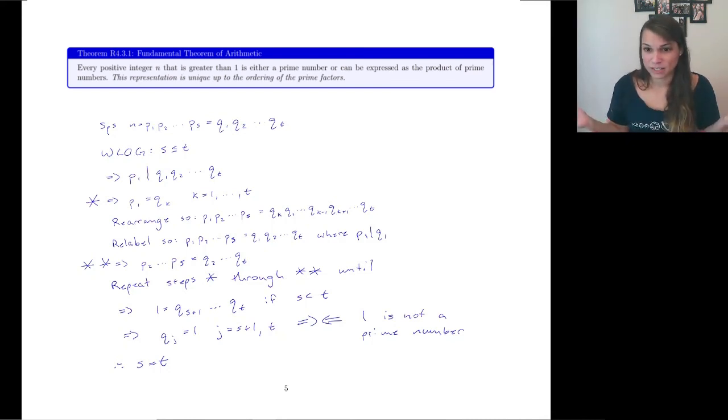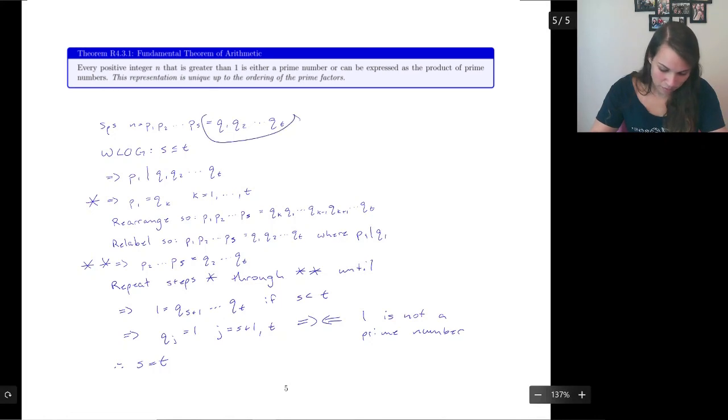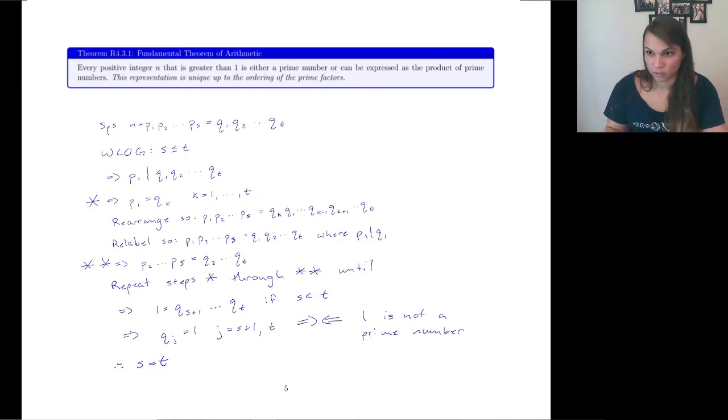And that's basically it. That's all of the pieces. We have the same number of Q's as we do P's. And on top of that, what we have done is we have proven that P1 is going to be equal to Qk, or once we relabel it, Q1.